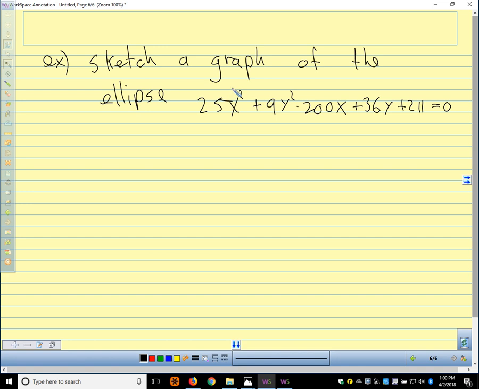For now, you'll have to take my word for it that this is an ellipse. Tomorrow we'll talk about how we figure out, looking at an equation like that, that it's an ellipse.